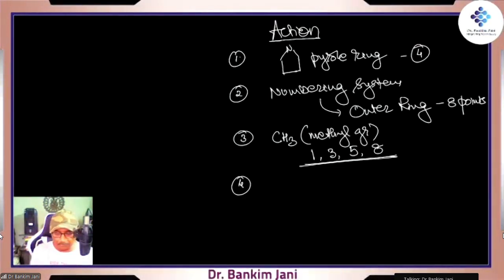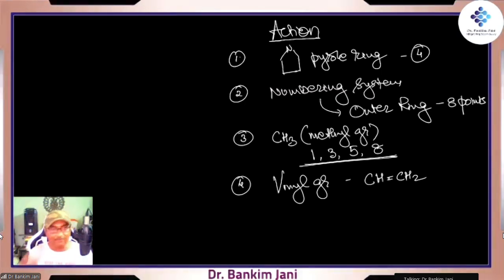Then there would be the vinyl group, which is CH double bond CH2. Since 1, 3, 5, 8 are used, we'll put it on 2 and 4.